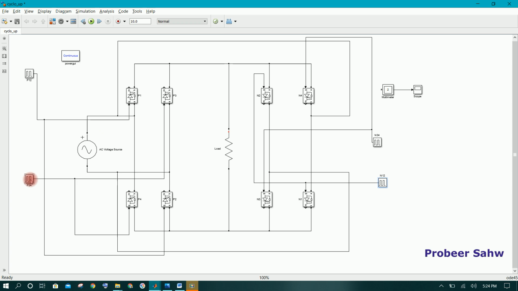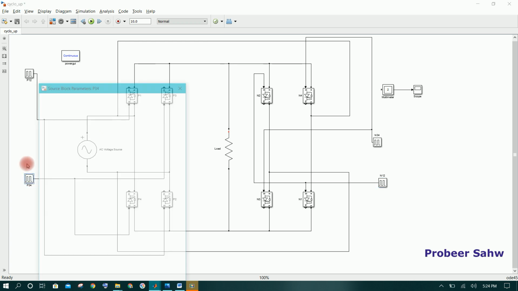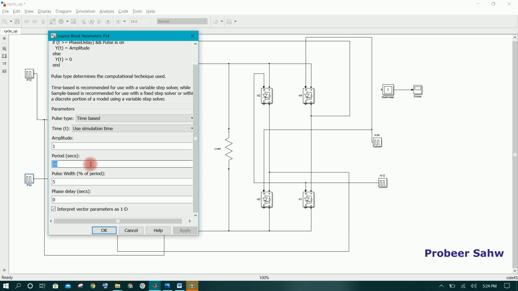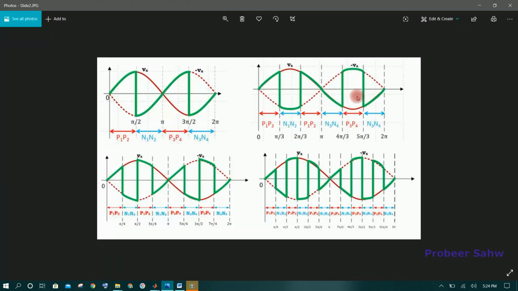We do the same thing for pulse generators 3 and 4. So the period is 0.02 divided by 2, pulse width as 50. Now there should not be any phase delay for P3 and P4, as when the negative pulse applies, P3 and P4 come first.